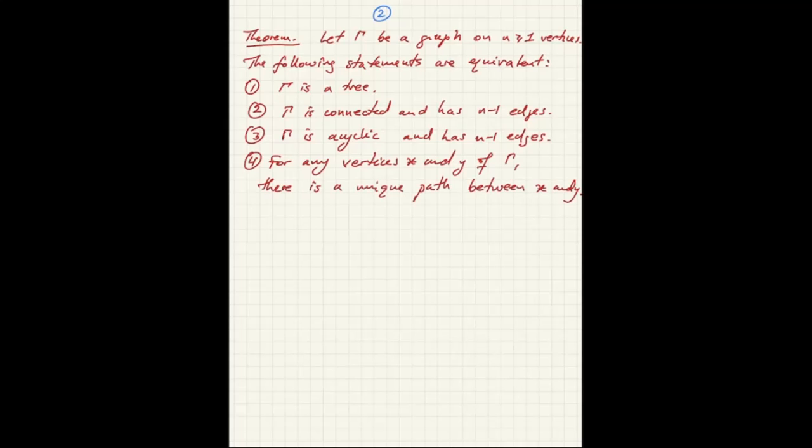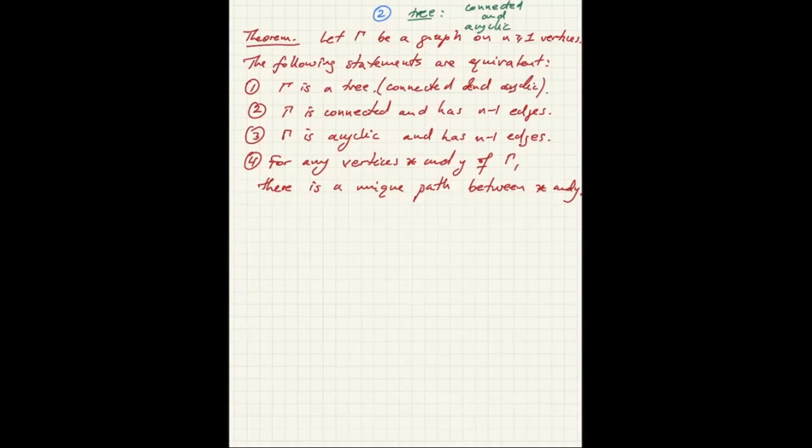So before we give the proof, let's just pause for a second and figure out what this is. Remember that a graph that is a tree has to be connected and acyclic. The first part of the theorem says that the graph is a tree, so that means, again, connected and acyclic.